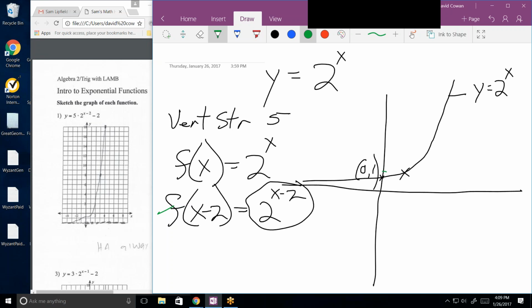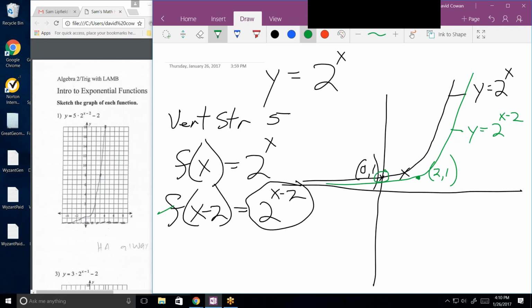I take this one known point and I shift it 2 units to the right. So 2 units to the right makes that point 2, 1. And now that curve would look like that. So the green curve would be y equals 2 to the x minus 2.